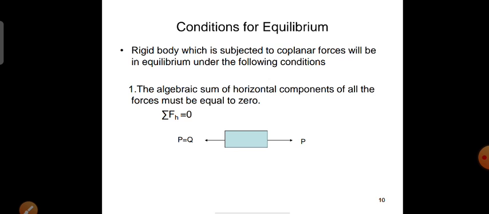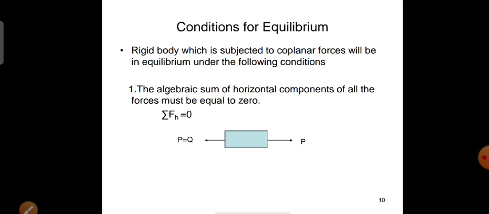So when a number of forces are acting on a body, if you do the algebraic sum of all the horizontal components of those forces, and that algebraic sum becomes 0, then we can say that the body may be in equilibrium, because this is one condition to satisfy the equilibrium state.